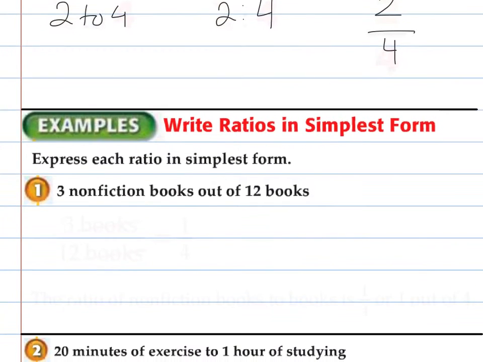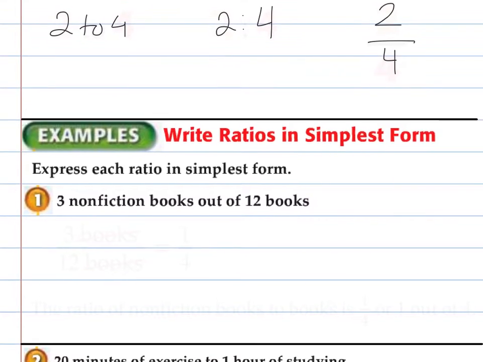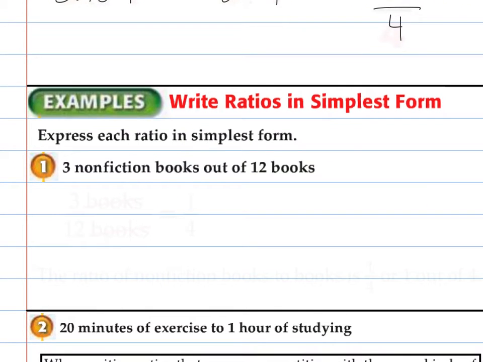So, writing them in simplest form. To express a ratio in simplest form, I usually tend to do division. So this is 3 nonfiction books out of 12 total books. So it's 3 books compared to 12 books. So those units really go away. 3 over 12.